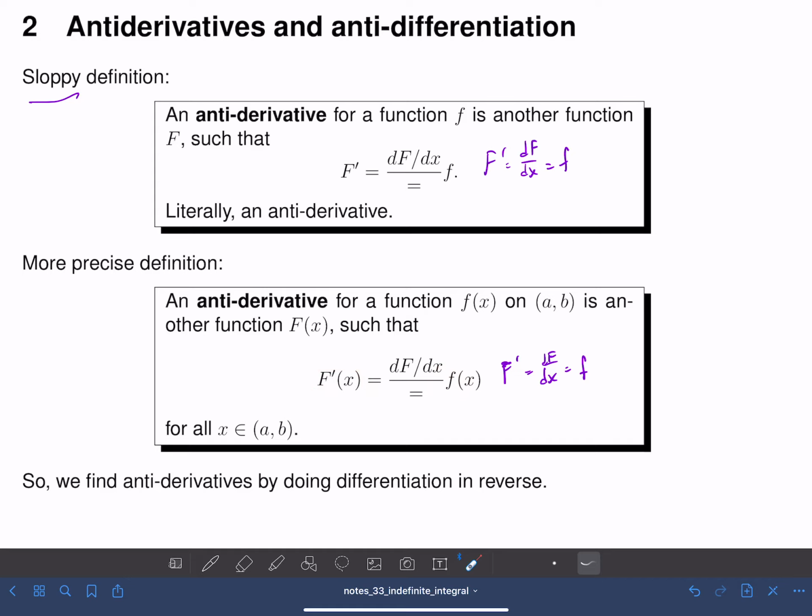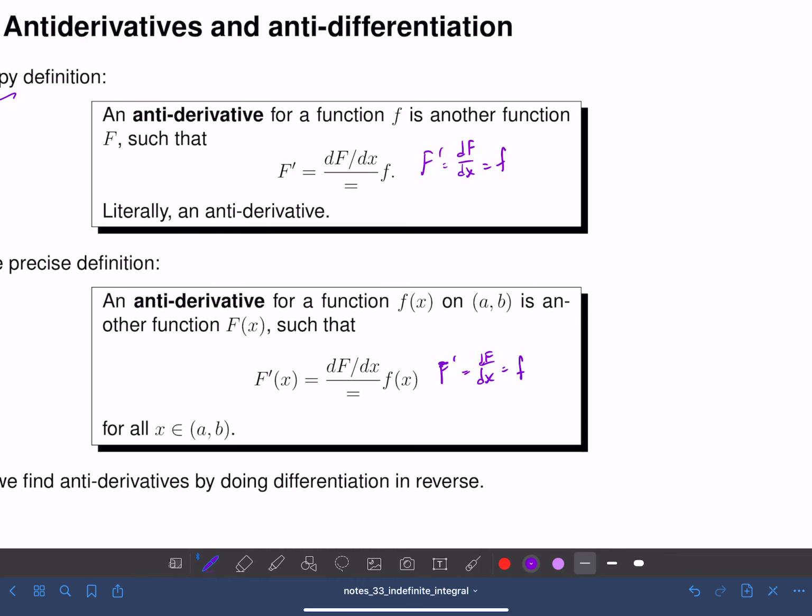So if I differentiate the antiderivative, I get back the thing I started with, and then on this domain restriction right here. And this definition is useful for things like piecewise defined functions. This lets me define piecewise defined antiderivatives.